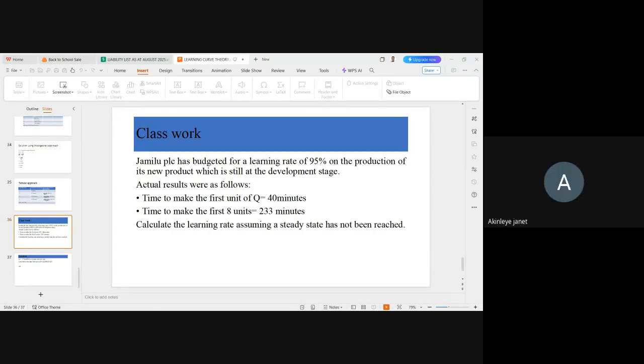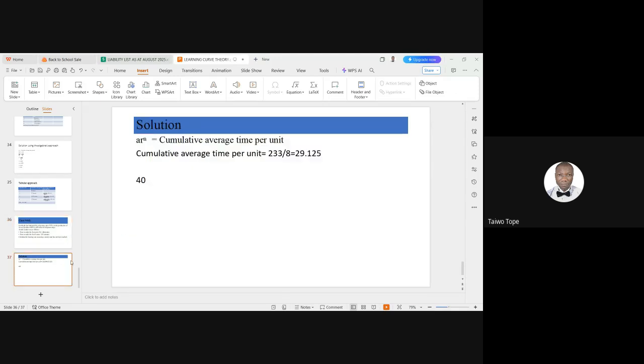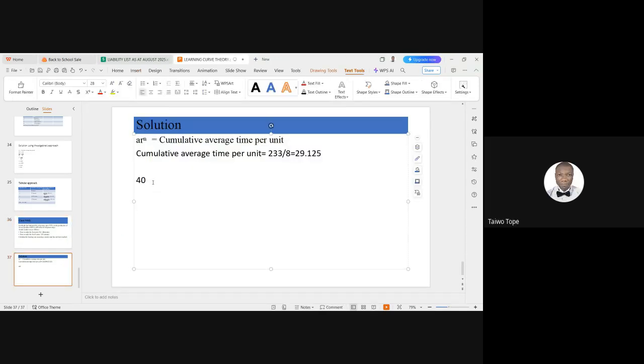It is the number of times of doubling, where the last unit is 8 units. From 1, you double 1, you have 2. You double 2, you have 4. You double 4, you have 8. So the number of times you double is 3.